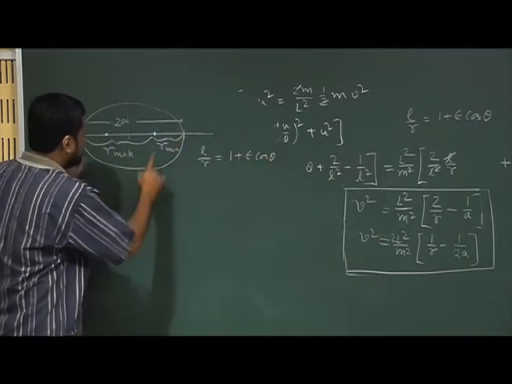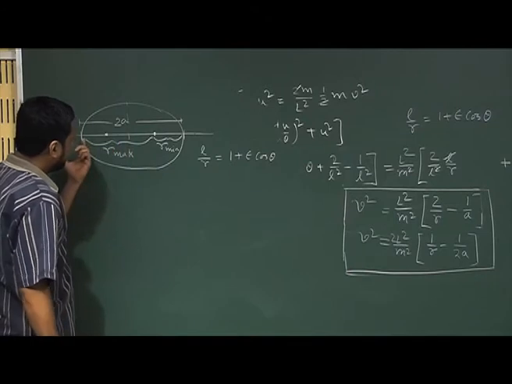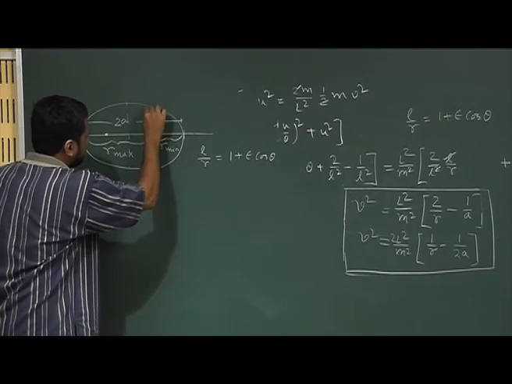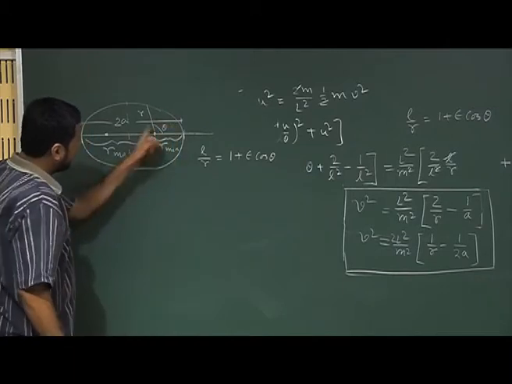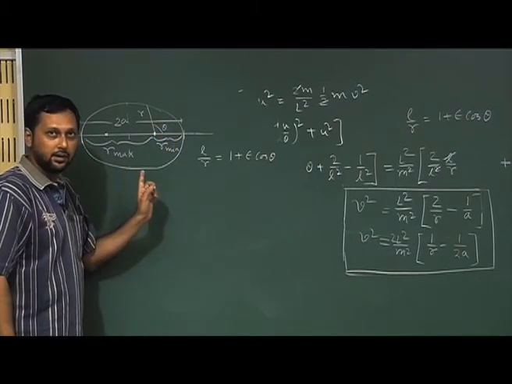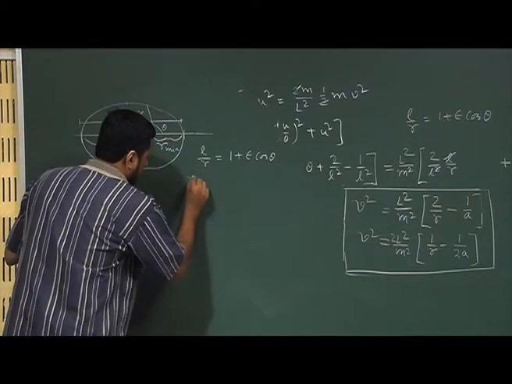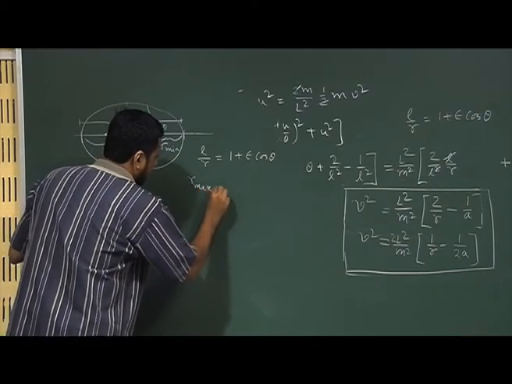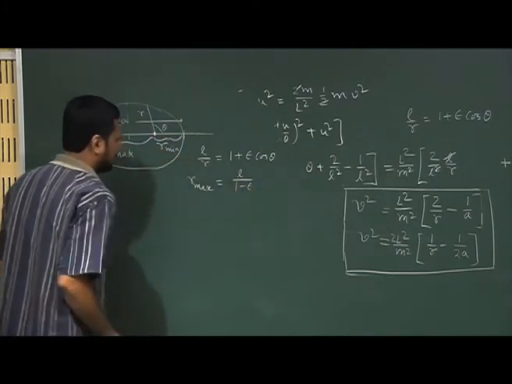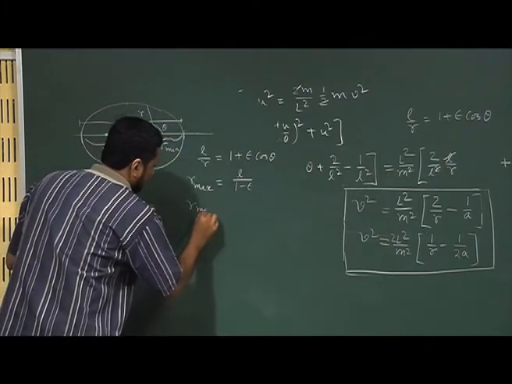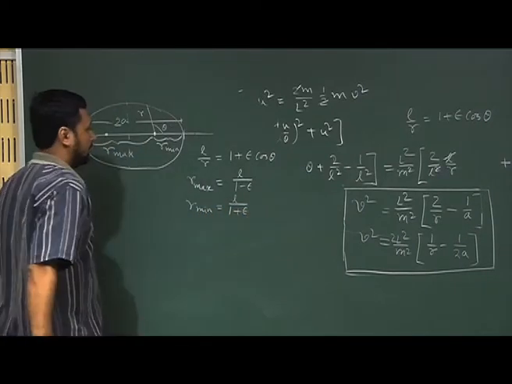Please remember for any displacement this is your r, this is your theta. If you put theta equal to 180 degrees, you get the maximum value for r. So, r max is L by 1 minus epsilon, r min is L by 1 plus epsilon.